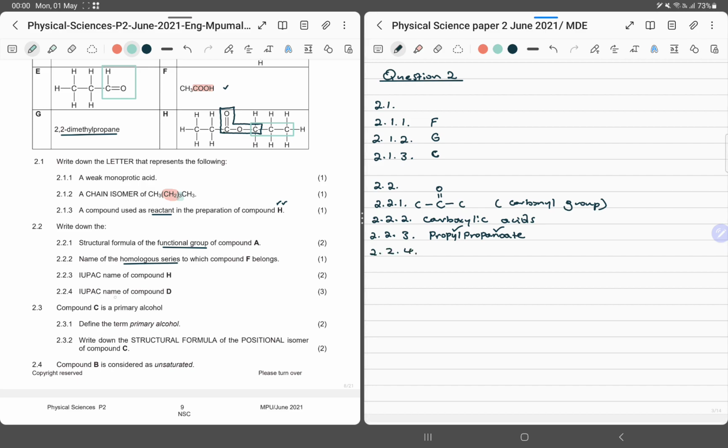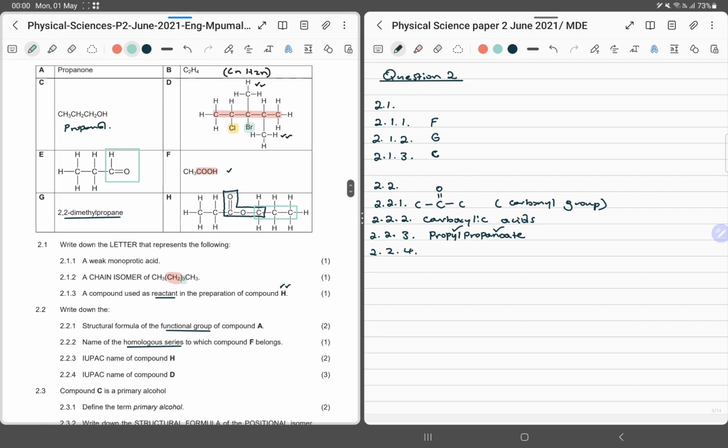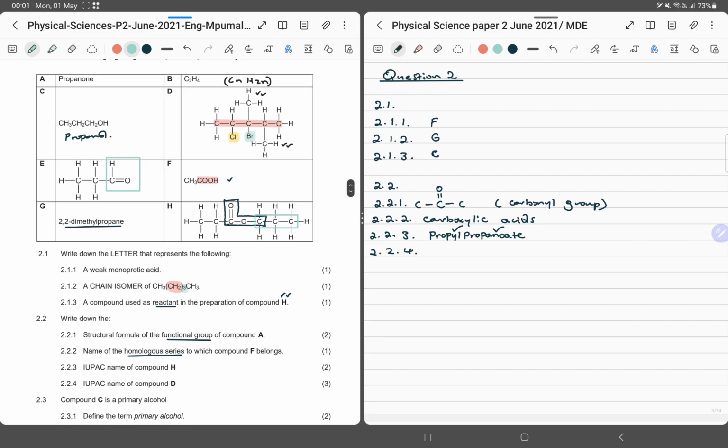2.2.4 says the IUPAC name of compound D. Now that one is a problem. Let's look at it. We've seen that the longest chain is 5 carbons, so that is a pentane at the end. But now we've got 2 halogens, and for me, a haloalkane, you always prioritize the functional group.